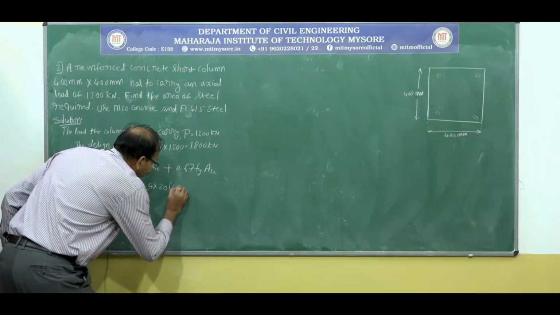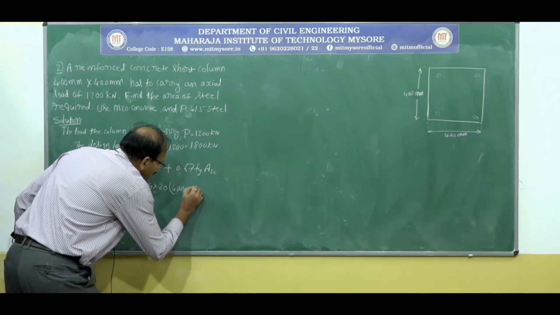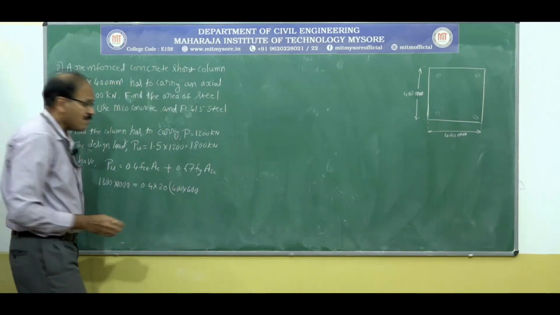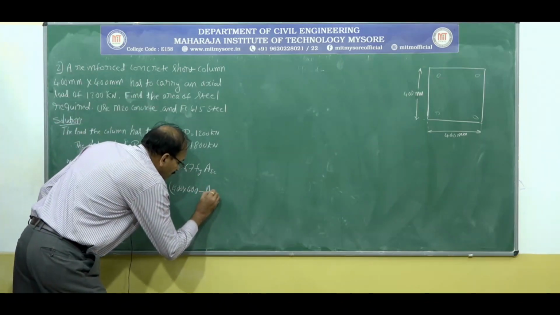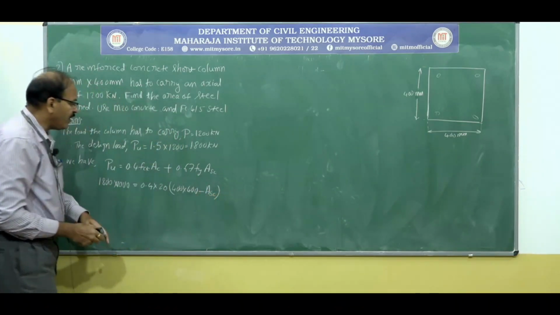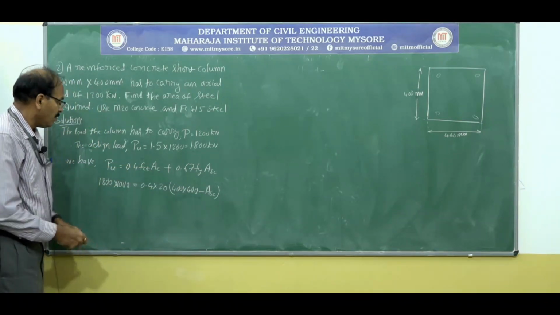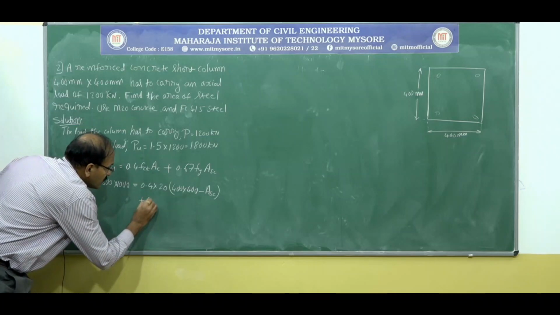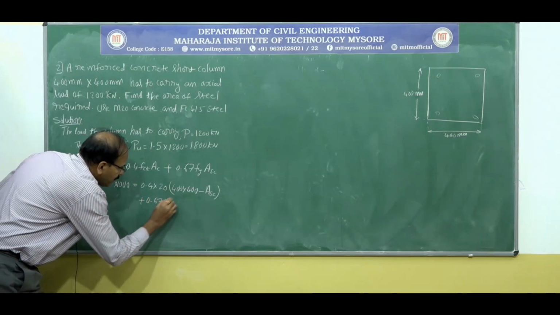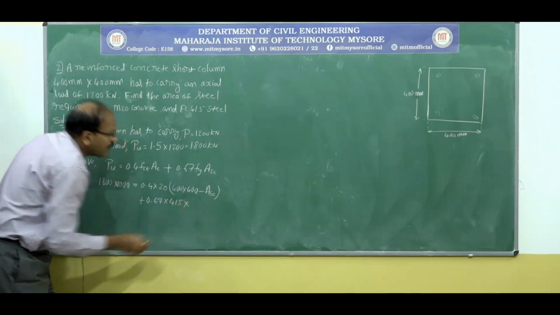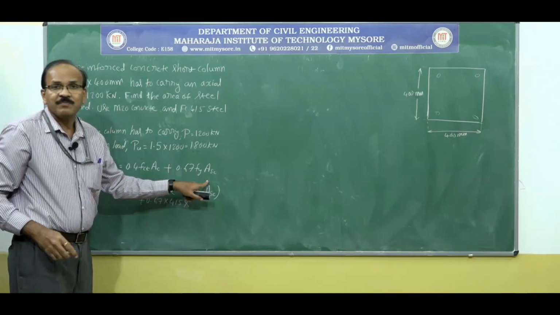So 400 by 400 is the gross sectional area minus the area of compression steel, which will give you the area of concrete, plus 0.67 multiplied by 415 multiplied by Asc.